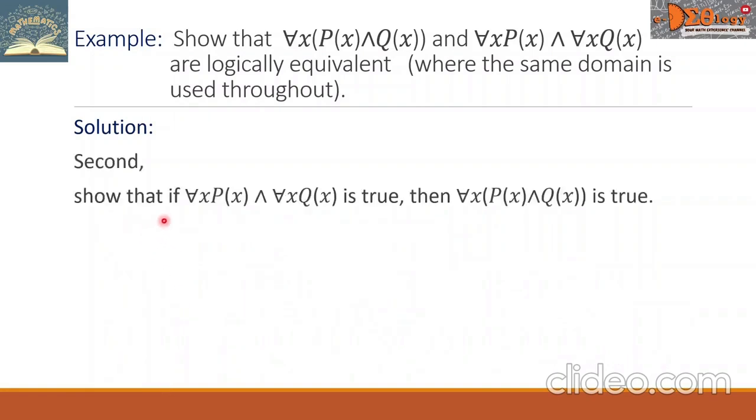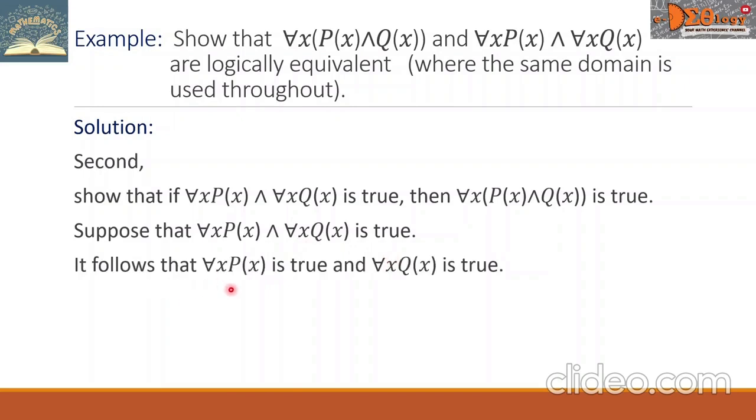Second, let us show that if the conjunction for all x, P of x, and for all x, Q of x is true, then for all x, the conjunction P of x and Q of x is true. Suppose that the conjunction for all x, P of x, and for all x, Q of x is true. It follows that for all x, P of x is true, and for all x, Q of x is true.